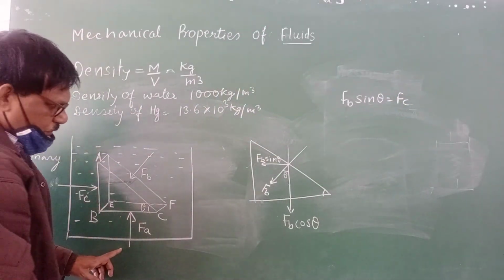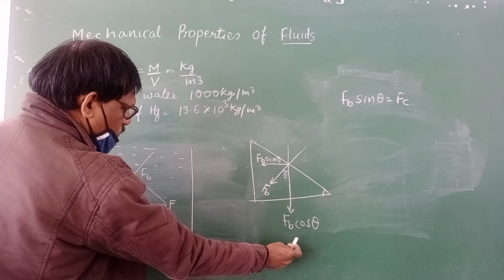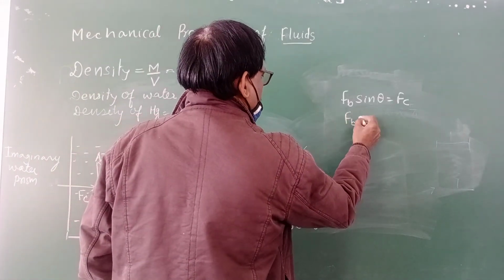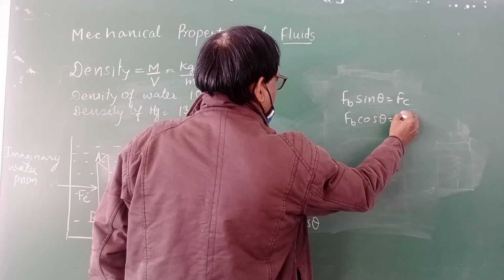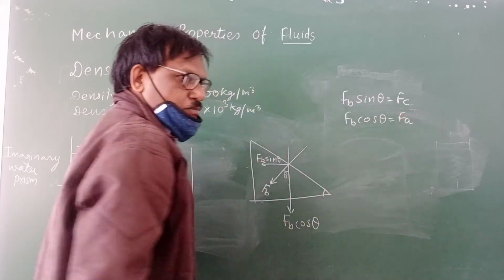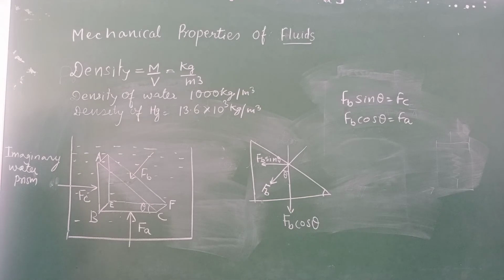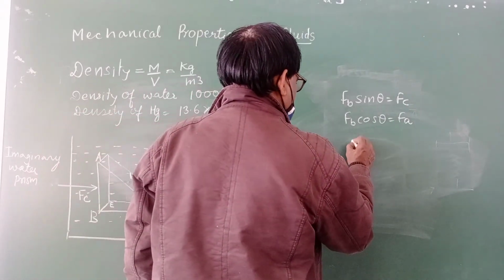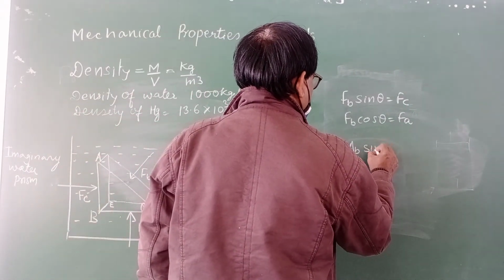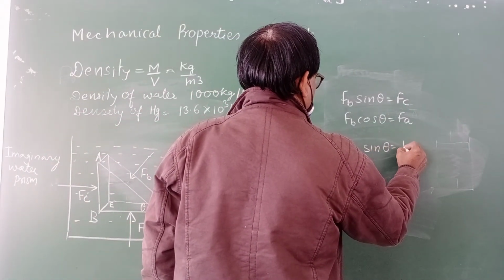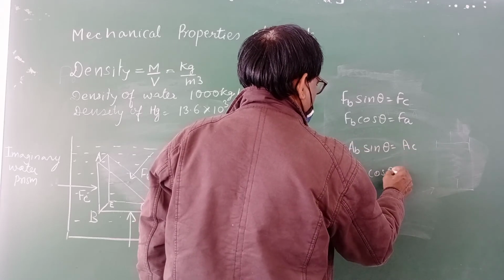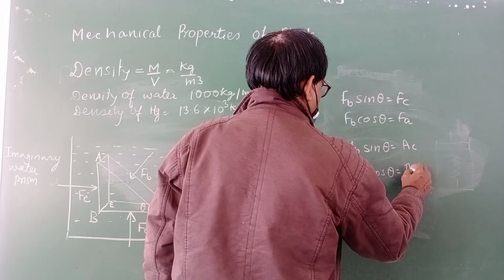Similarly, see bottom surface, FB cos theta is acting downward, it will be balanced by FA. FB cos theta is equal to FA. Then similarly we can calculate the component of area. AB sin theta is equal to AC, and AB cos theta is equal to AA.